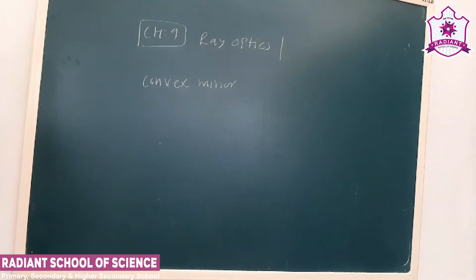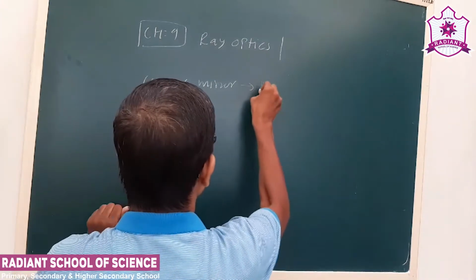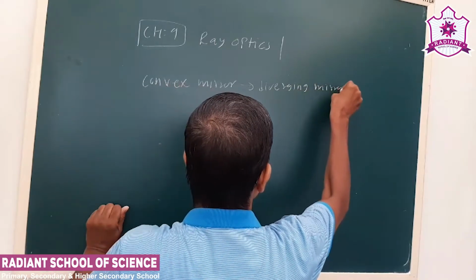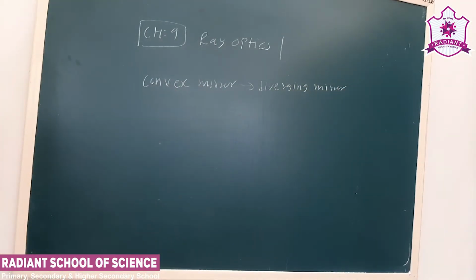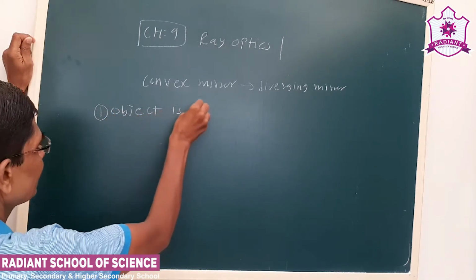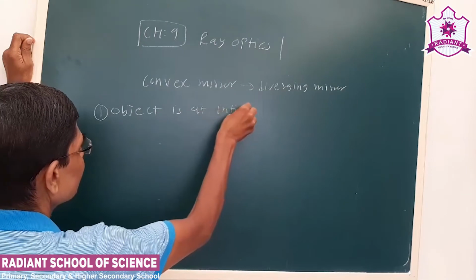Now, as I told, the convex mirror is a diverging mirror. Here there are only 2 different positions. Let us say first, the object is at infinity.